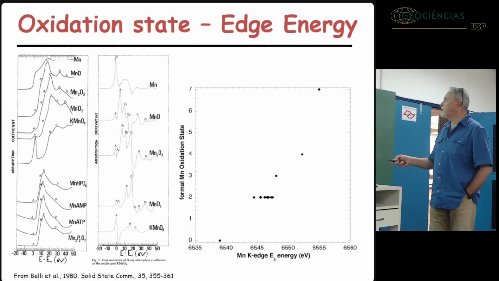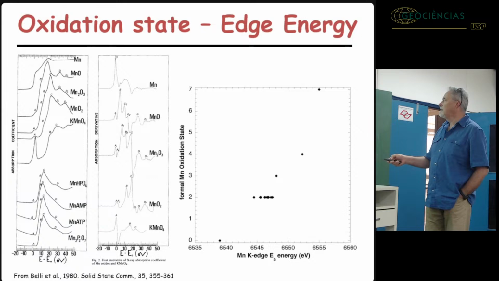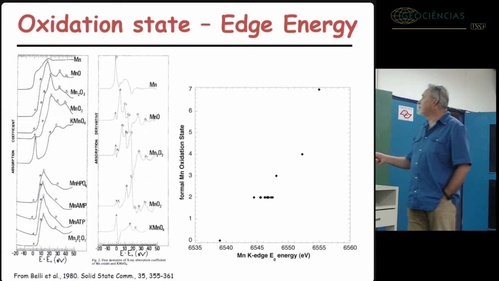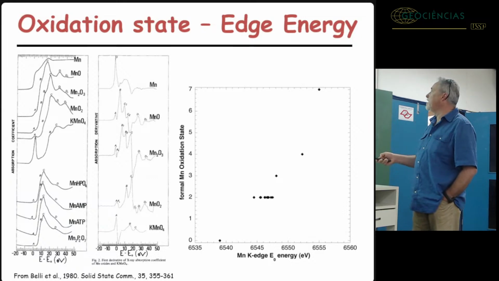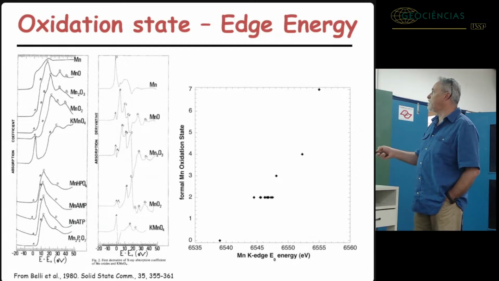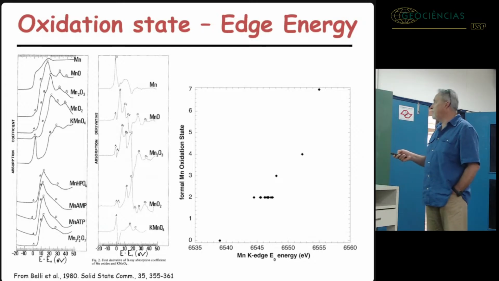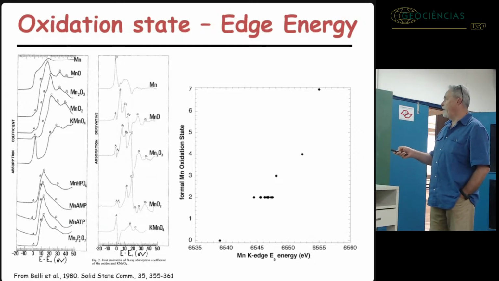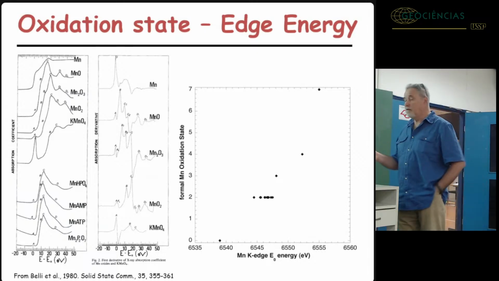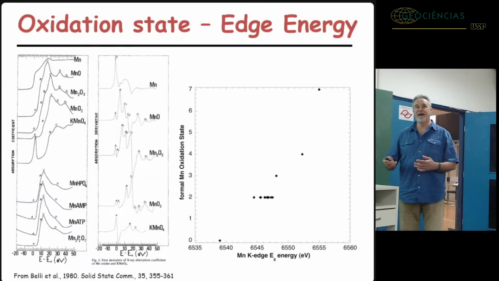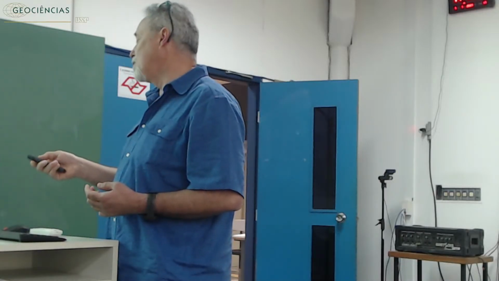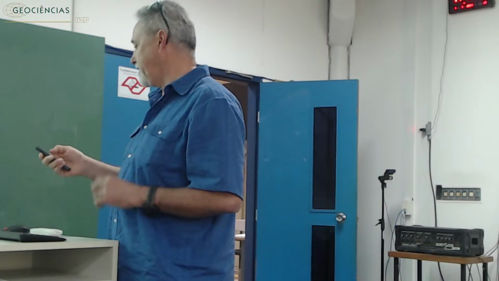So also in this case, there is a very large range of shift in energy of the edge energy. But again, if we look not only at those in the literature, but we take a large group of divalent manganese model compounds, we can see that there is a very large range of energy. So the edge energy can give us a gross idea of the oxidation state, but most times not a very precise number.